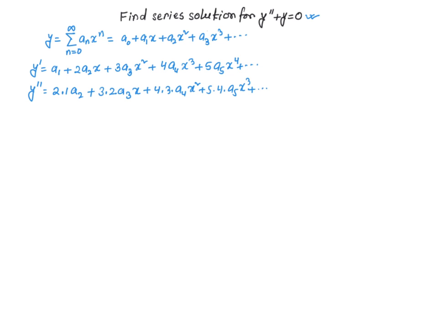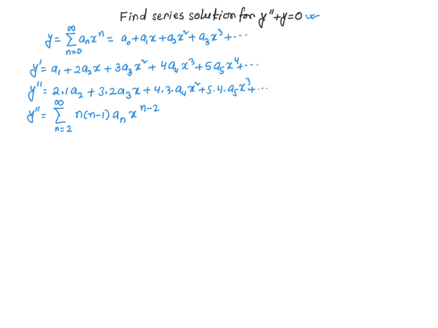Okay, now this I could generalize. Y double prime is equal to the summation from n equals 2 to infinity of n times n minus 1 a sub n x to the power n minus 2.